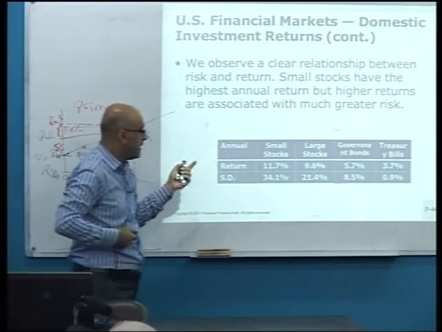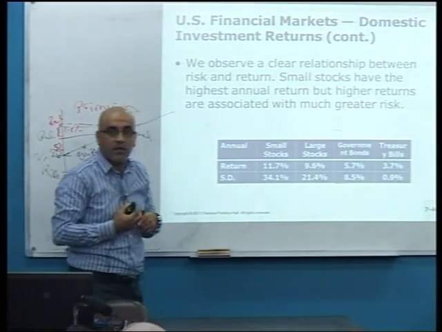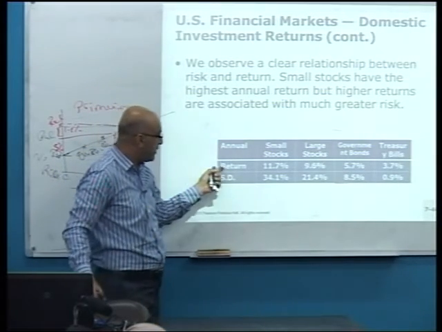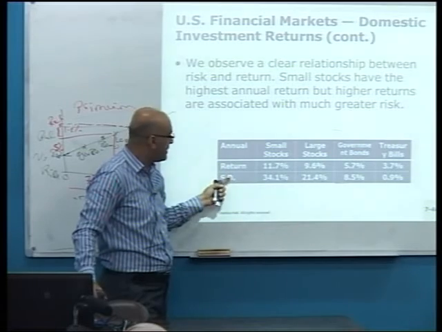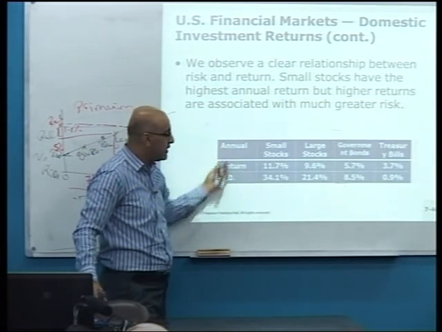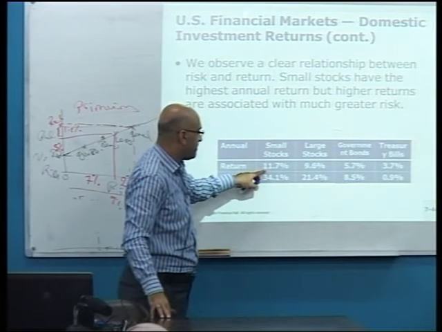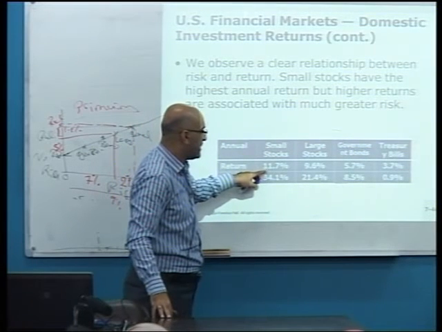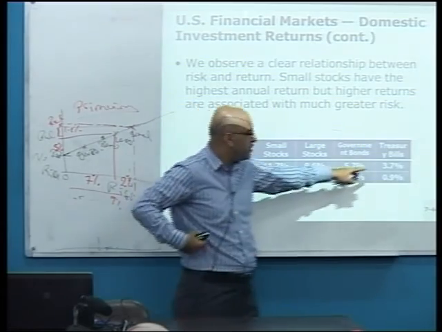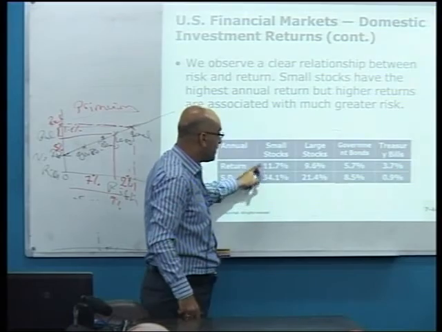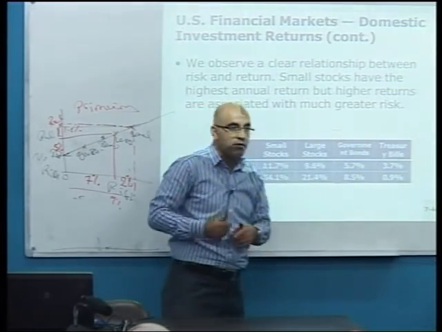As I said, we can calculate return and we can calculate the standard deviation. The return is a measure of return and the standard deviation is a measure of risk. Just compare two things. The small stocks offer 11.7%, while treasury bills offer 3.7%. So the small stocks offer a higher return than the treasury bills.